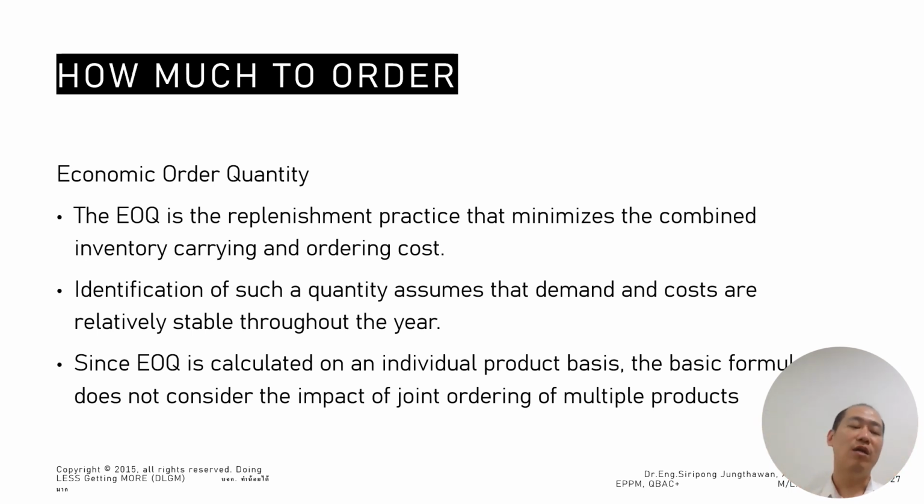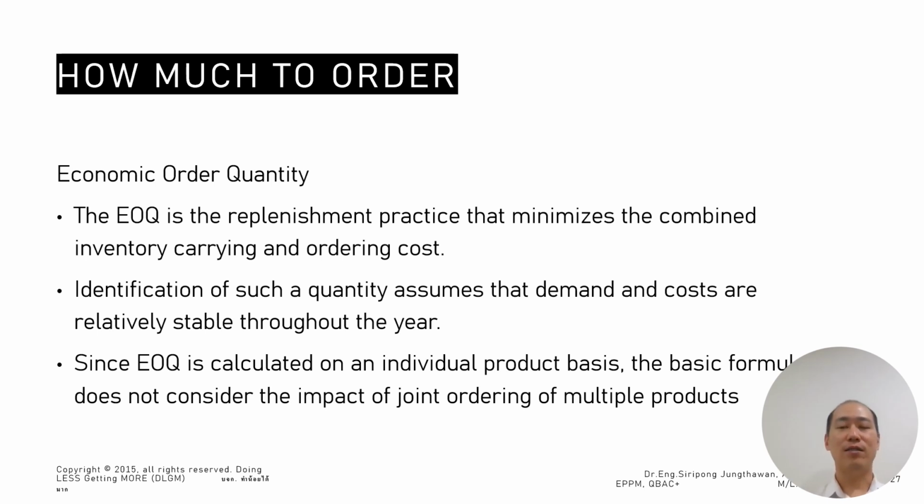We call it economic order quantity. This assumes that demand and cost are stable throughout the year.